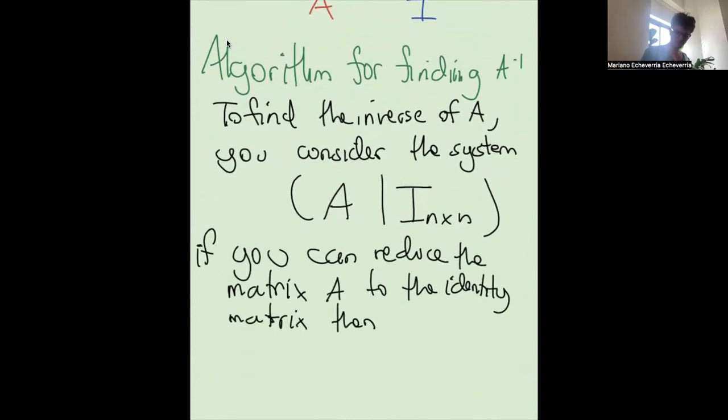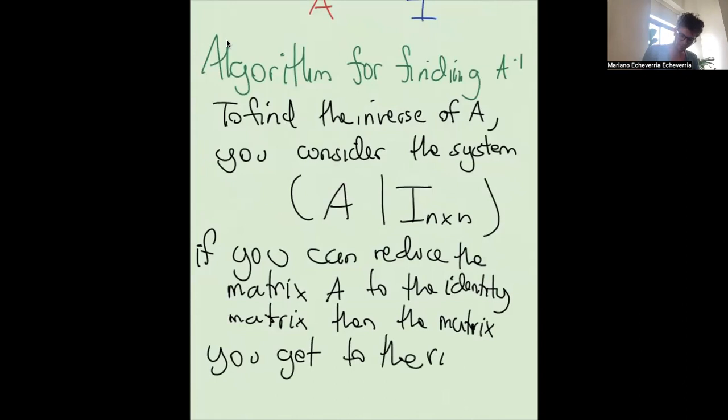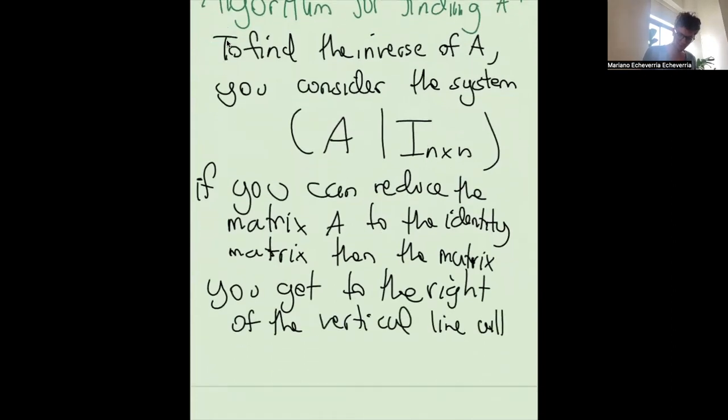then the matrix that you get to the right of the vertical line will be A inverse.